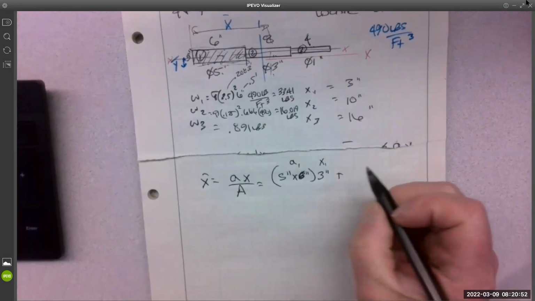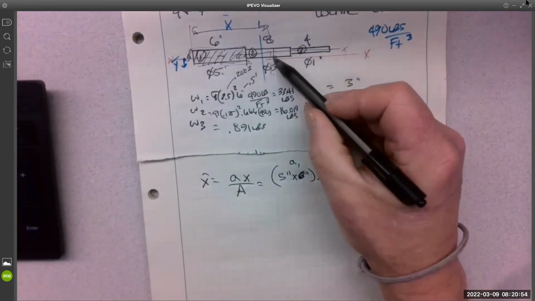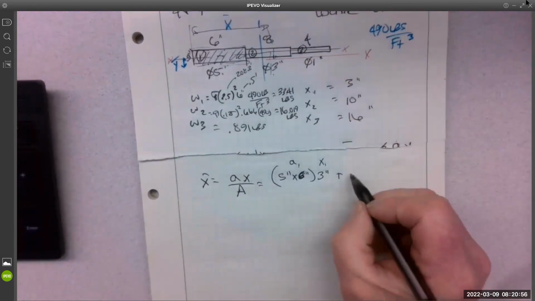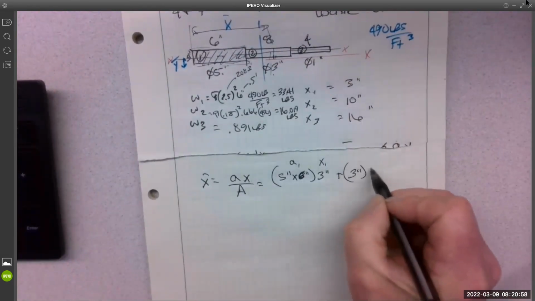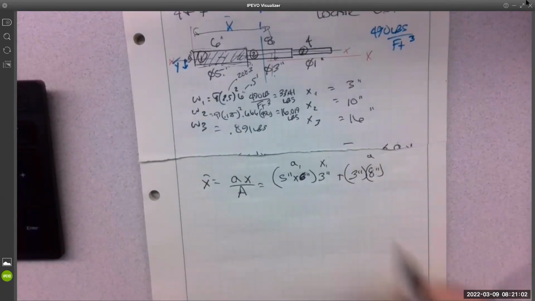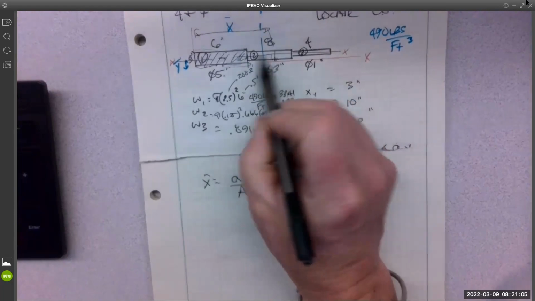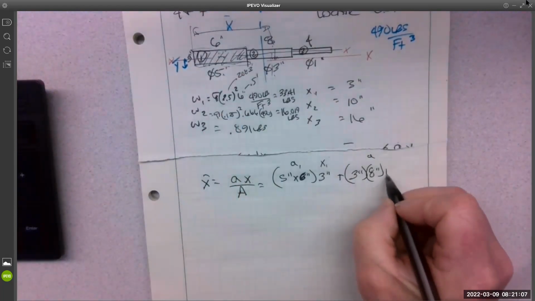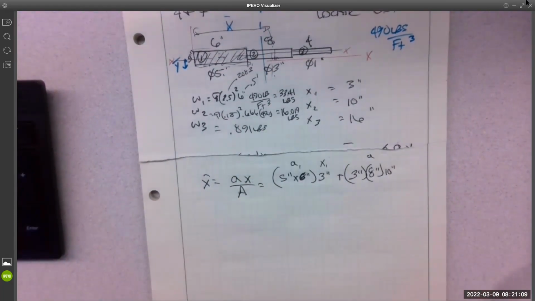Then I add to it the next one. Area is 3 by 8. 3 inches, 8 inches. So that's the area. Then we have the X distance, which is the 6 plus the 4, 10 inches.